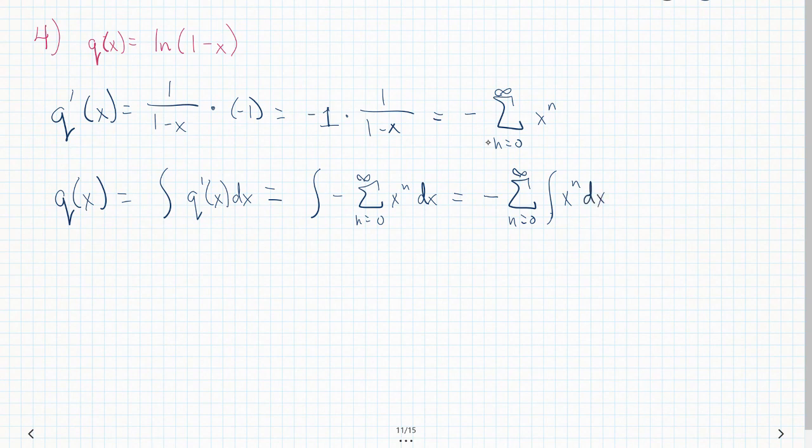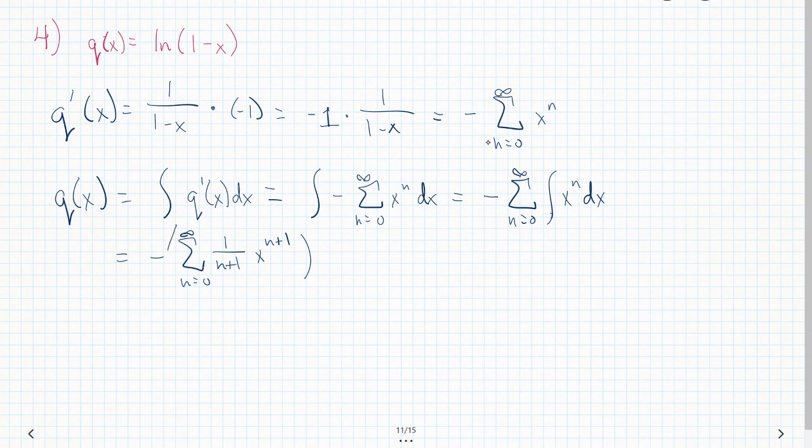Right? So that means at the end of the day we get negative, and we'll have a summation n equals 0 to infinity of, well, what's the antiderivative of x to the n? Well, it's 1 over n plus 1 x to the n plus 1. Right? But now I have to toss in one extra caveat.